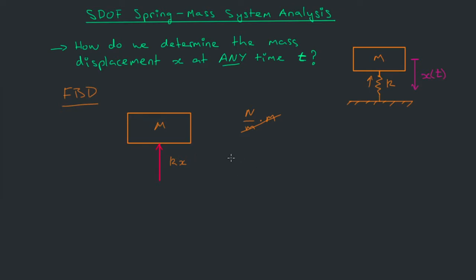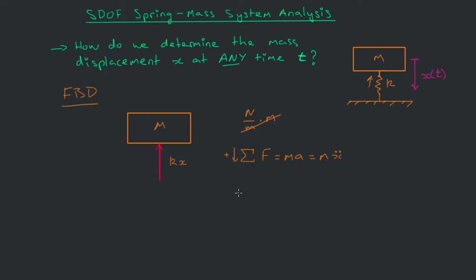Now we do what you've probably done many times before. We use Newton's second law: the sum of forces is equal to ma, which is equal to mass times x double dot, the double derivative of displacement. Because we're assuming that x down is positive, we do the same here, with a little arrow.